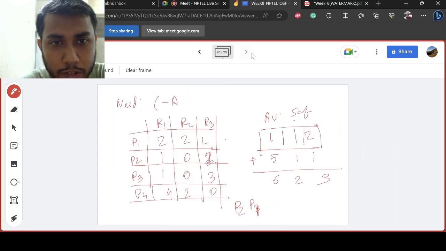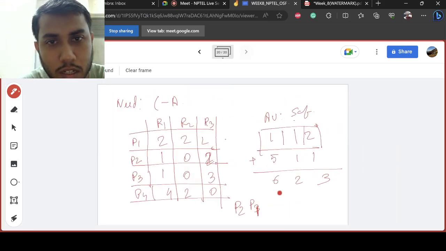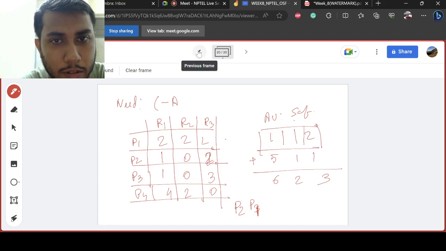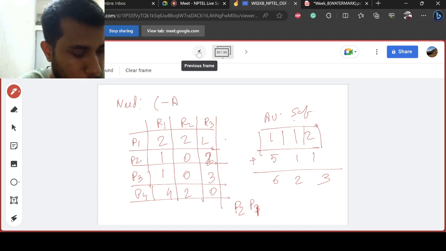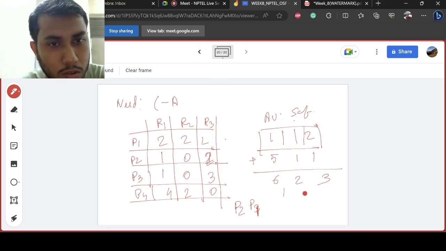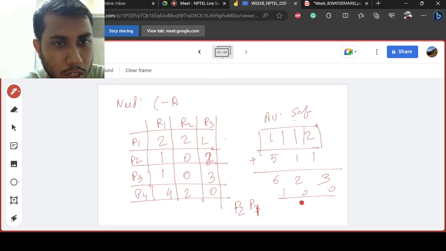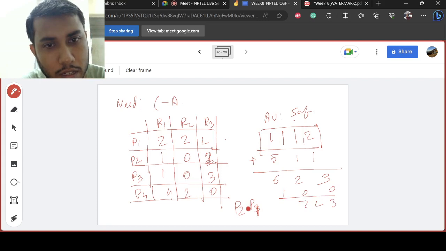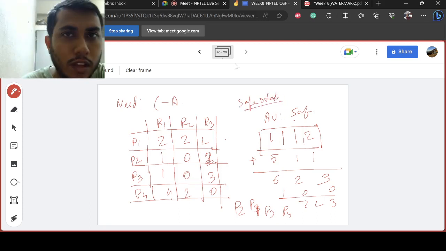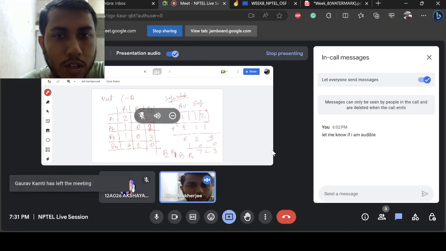It will run its course, and we will add its allocated resources, 1 0 0. It will become 7 2 3. And then as usual P3 and P4. So this one is also a safe state. That's how you complete it.